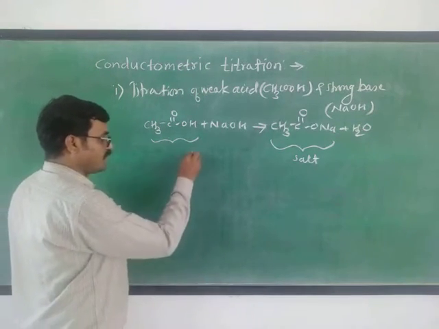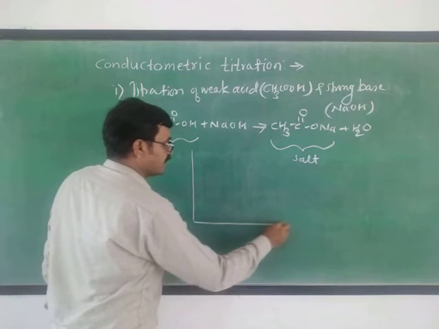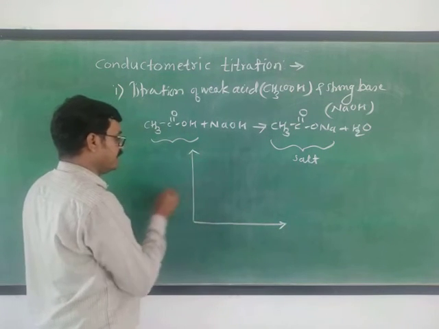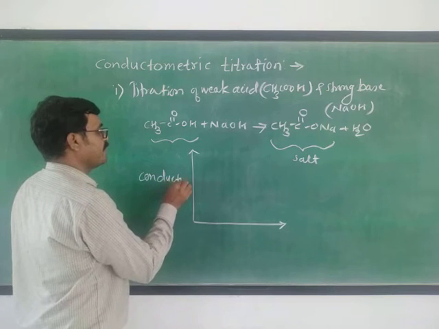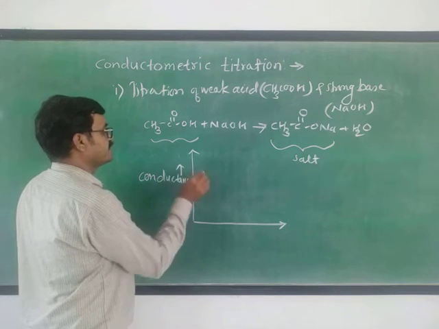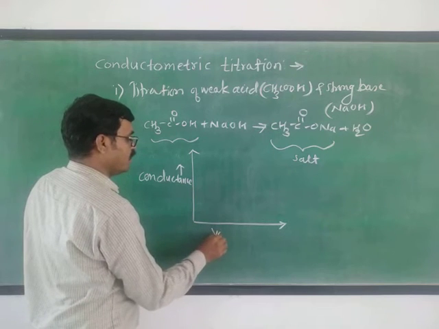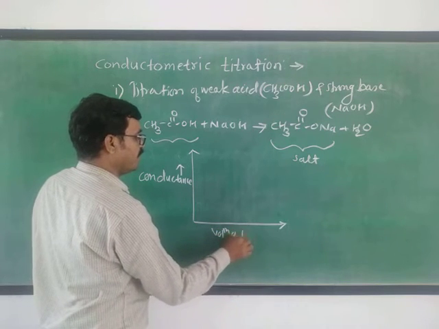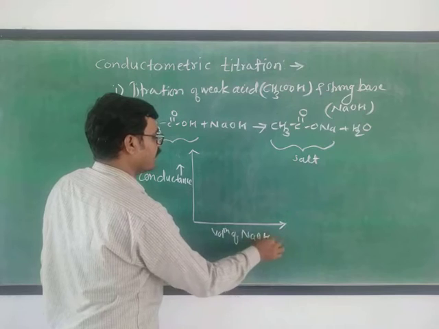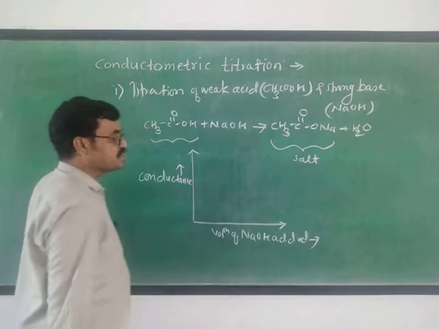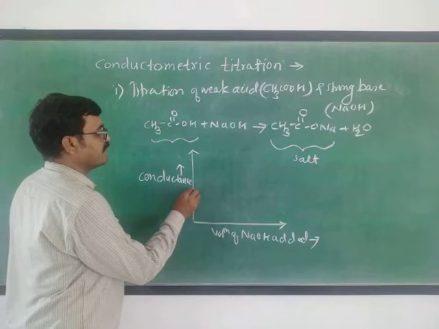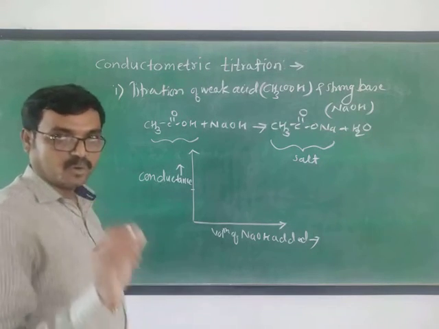Means if we plot a graph for this titration of weak acid versus strong base, then here again the same conductance, here volume of NaOH added or alkali added, then you know initially what happens, there is acid, that's why conductance is somewhat low.